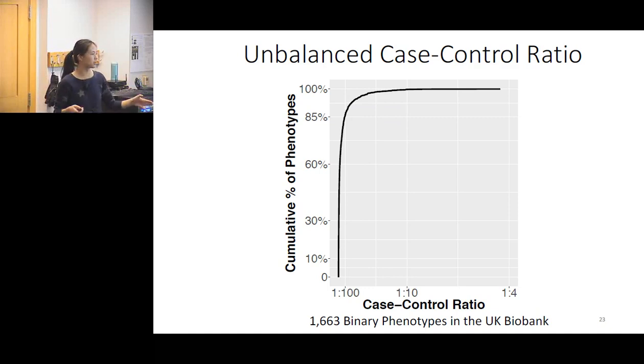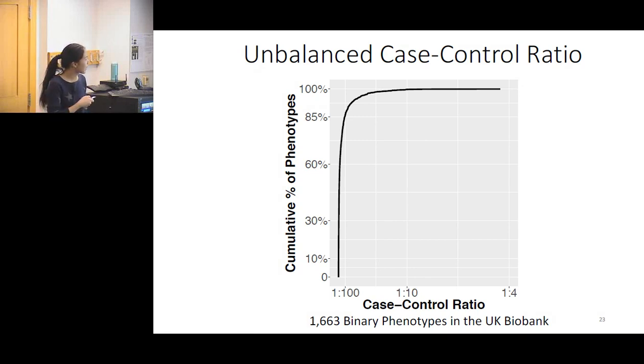Here I plot the 1,663 binary phenotypes in the UK Biobank, including those that have very small case numbers. The x-axis is the case control ratio, and the y-axis is the cumulative percentage of the phenotypes.